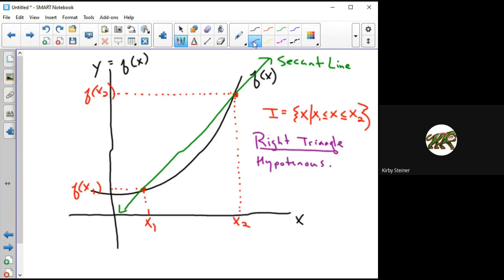So our hypotenuse is given by the secant line. We're going to have a vertical leg and a horizontal leg.